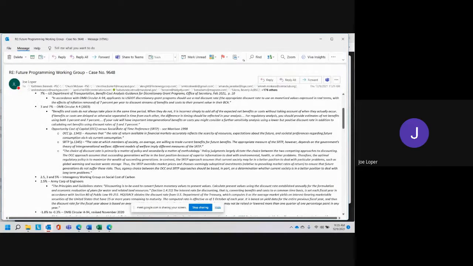But the 7% is based on an opportunity cost of capital. And so that's the rate of, if the federal government is going to take money out of the private sector, what is the rate of return that you would have expected if that money had been invested in capital?